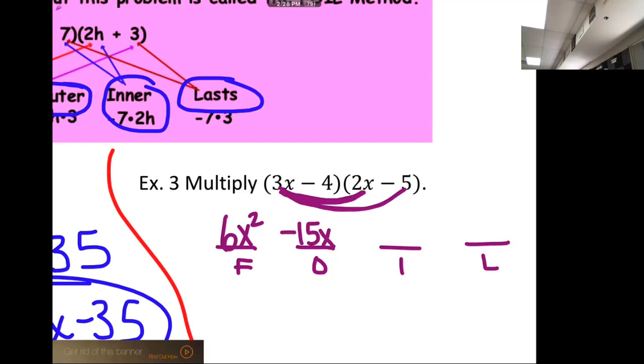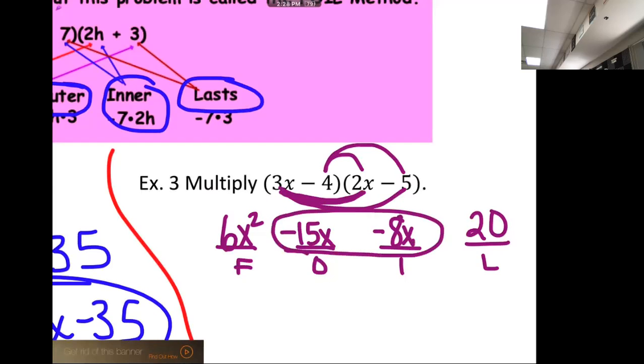Perfect. Inners, I'm going to go up above. Negative 4 times 2x. What is it? And finally, positive 20, because there's 2 negatives, right? These two, the O's, are alike. Negative 22.